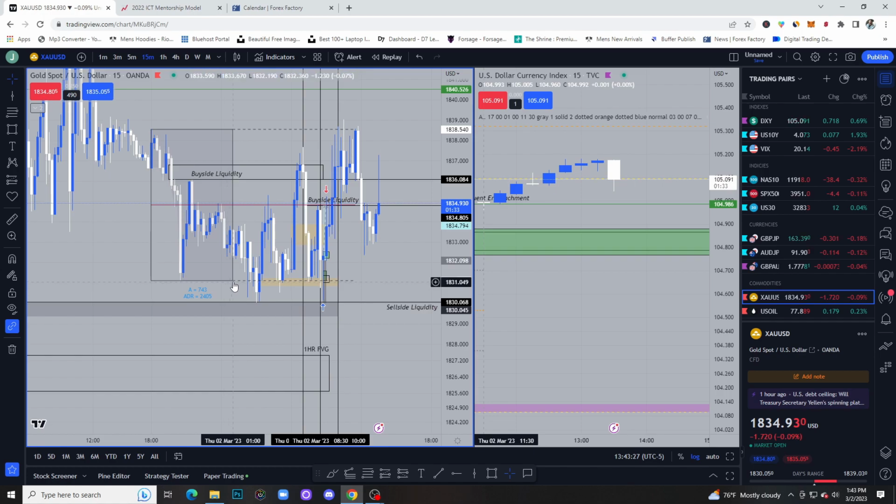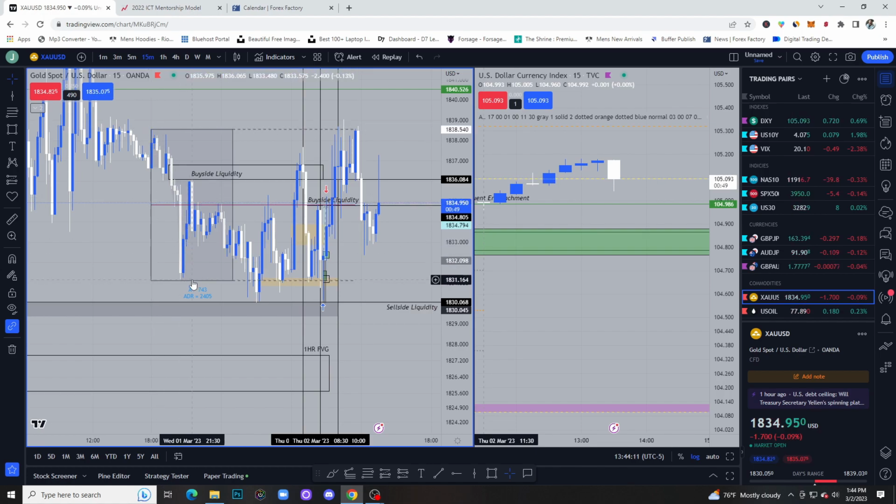That low was taken out at around the London session open, so 2 o'clock in the morning New York time. The reason why I use the Asian session range is because it usually forms the next day's first higher low of the day. Gold's market open is 6 p.m. So this high is the start of the Asian session in New York time for the gold market.